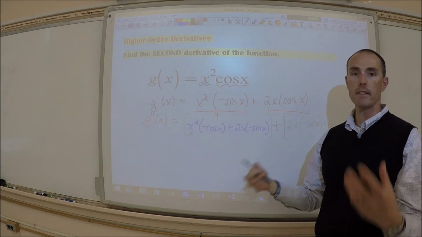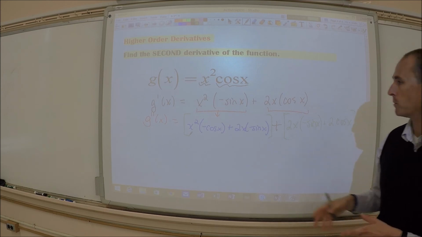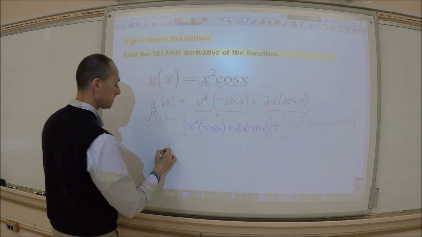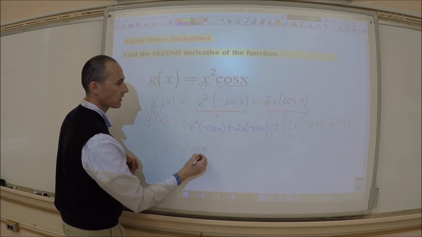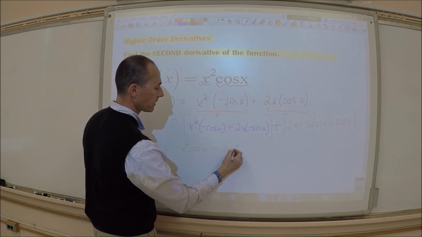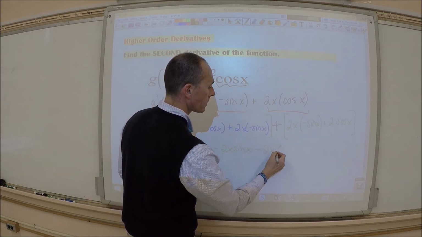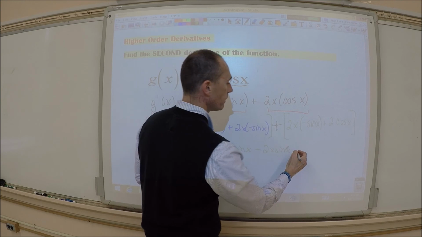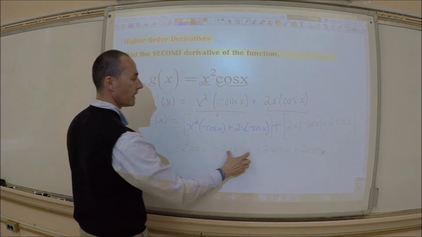And at this point, it's just about simplification. All we have to do is clean up. So let's see if we can maybe even find some like terms here. So I see here we have negative x squared cosine of x minus 2x sine of x minus another 2x sine of x, and then finally plus 2 cosine of x. So the only thing it looks like we might be able to combine is that.